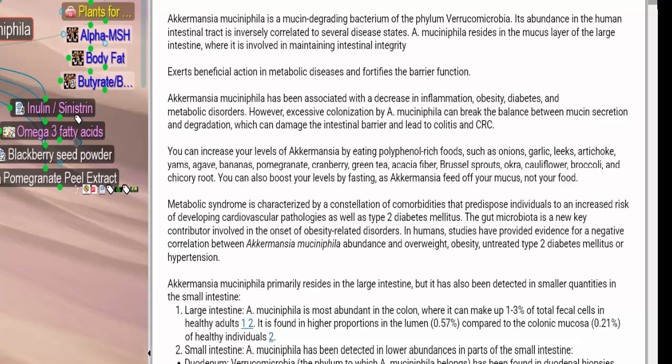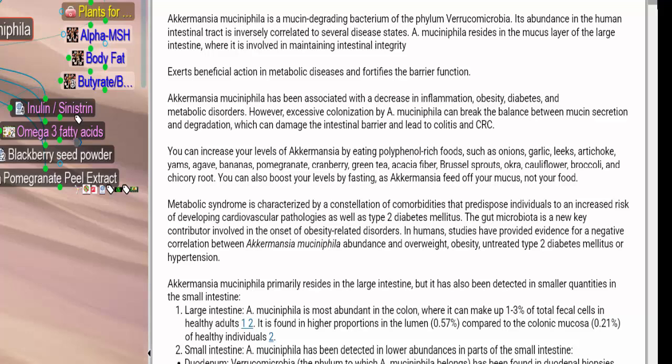leading to colitis. So sometimes folks reach out for a probiotic of Akkermansia, and it's recommended that before you buy a supplement of Akkermansia, you get tested to make sure that you aren't overdoing it.